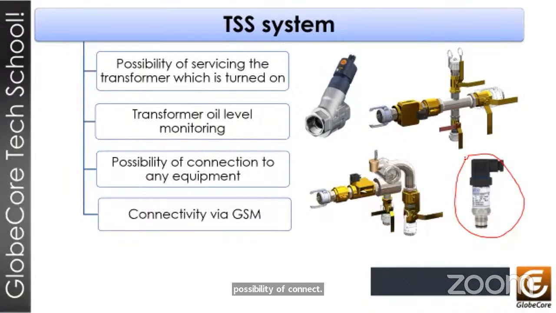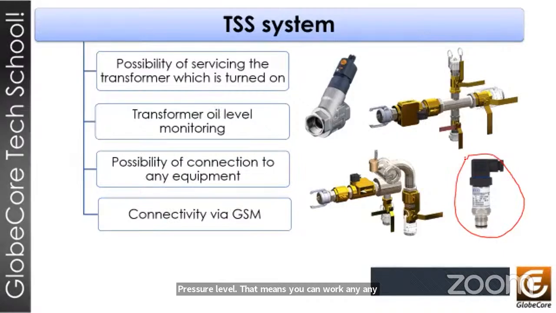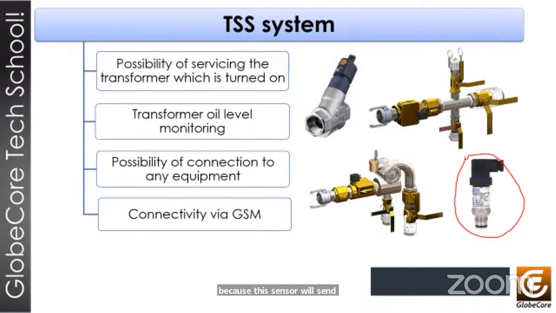That means you can work any transformer online, but you need the specific point for the connection of the sensors, because this sensor will send the information to the system of the level of the oil inside of the machine.